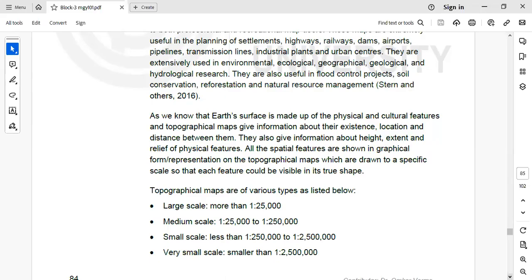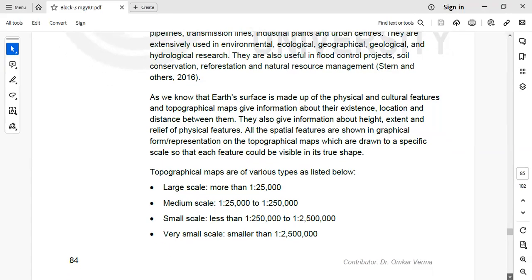We have small scale map, less than 1:250,000, then we have very small scale maps. So this division of the maps from large to very small scale depends upon the scale of the map.